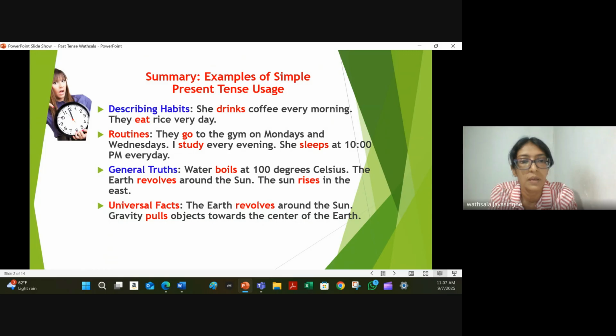General truth: water boils at 100 degrees Celsius. The earth revolves around the sun. The sun rises in the east. Universal facts: the earth revolves around the sun. Gravity pulls objects towards the center of the earth.